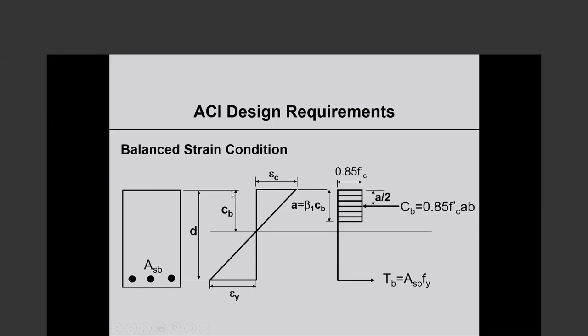Corresponding neutral axis depth is C sub B, and the corresponding stress block depth is beta sub 1 C sub B. I think this figure is totally self-explanatory. All we have done is the area of the reinforcement is the balanced steel area, and so the tensile steel force is the balanced area multiplied by F sub y.